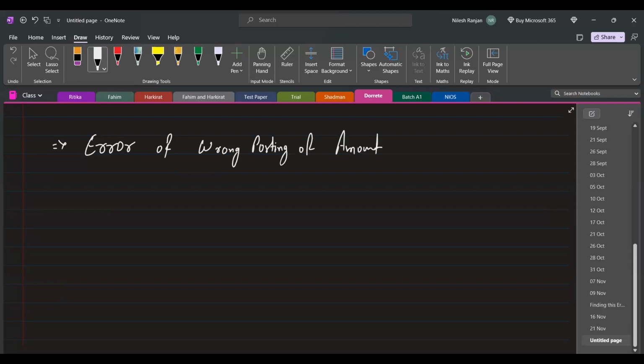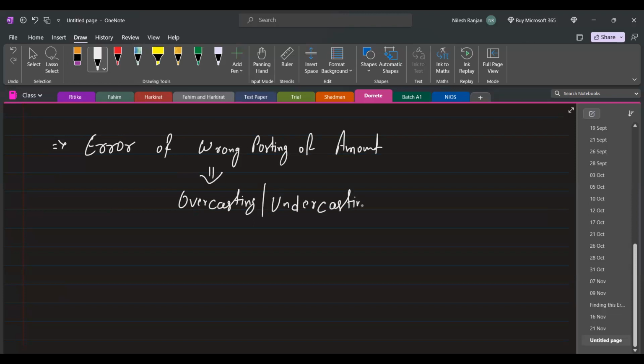So you have written the wrong amount in the side. This is corrected same as overcasting and undercasting. If you have to correct these types of errors, it is done in the same manner as you correct the error of overcasting and undercasting.